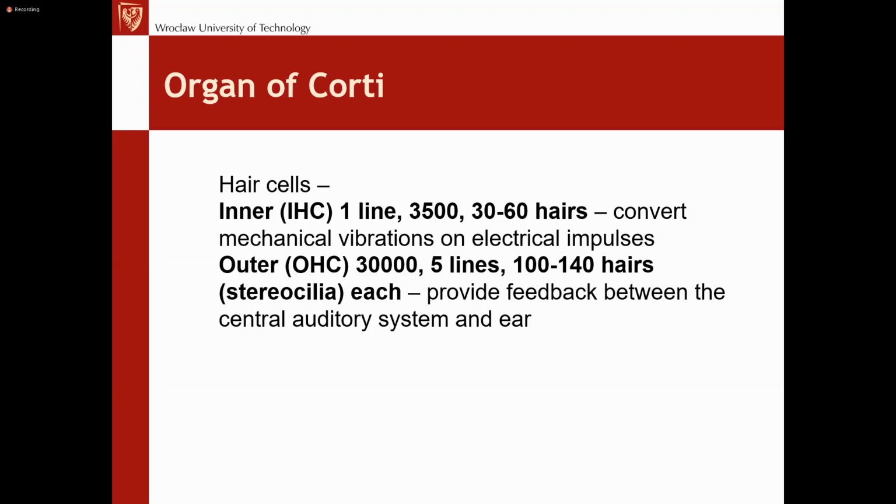It depends on the particular person, but the total number of outer hair cells is 30,000, and every cell has 100 to 140 hairs, and this kind of hair cell provides feedback between the central auditory system and the ear.